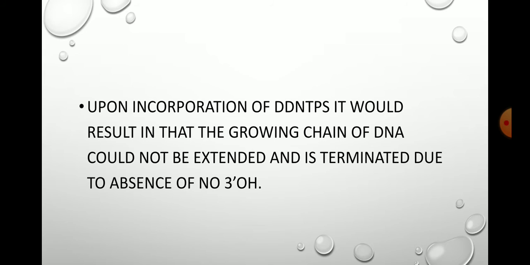What is the Sanger method principle? Upon incorporation of ddNTPs, that is the dideoxynucleotide triphosphate, the growing chain of DNA, meaning the copy of the template which we have taken, using the primer, will not extend further after some time.